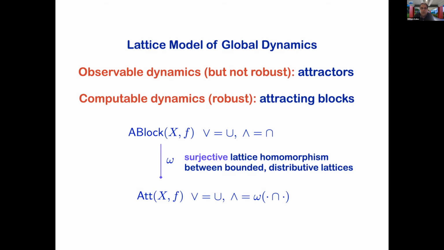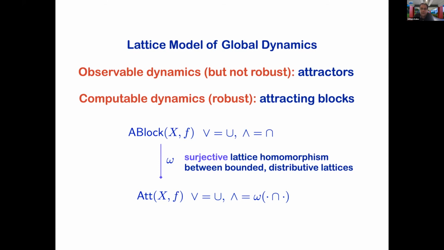And so the main idea, the big picture that underlies what I'm going to talk about, is that you can think of having an algebraic model of global dynamics as having these 2 lattices, bounded distributive lattices: of attracting blocks, where the operations are union and intersection, and of attractors, where the join operation is union, but the meet operation is a little bit more subtle because of the lack of invertibility of the system.